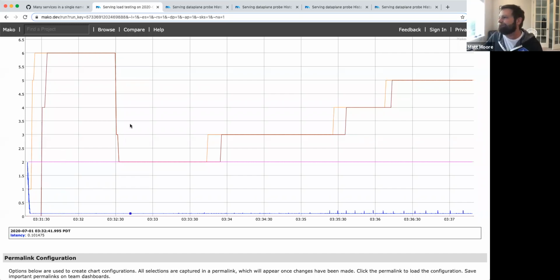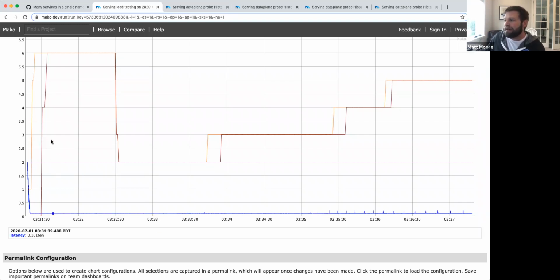But we have some thresholds set, and if we cross them for a couple runs, it will open an issue, and I think it'll ping us in Slack too. And so we can see over time how our cold start latency is trending, and we also look at error rates and things like that.